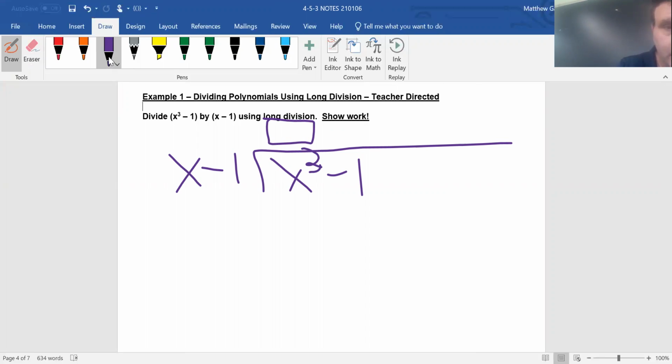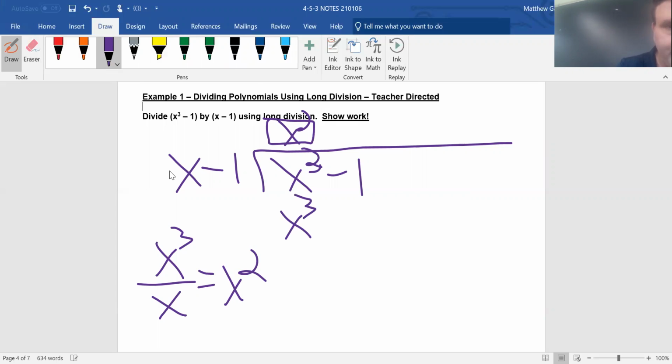If I divide x cubed by x, I get x squared. But the problem is that x squared times x is x cubed, yet x squared times -1 is -1x squared. The problem here is that -1 and -1x squared are not like terms.